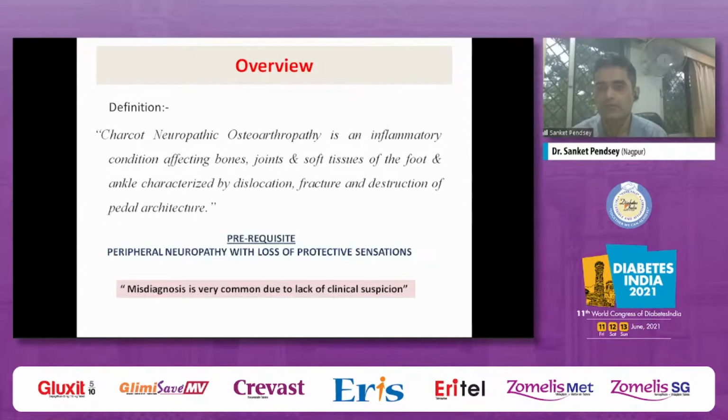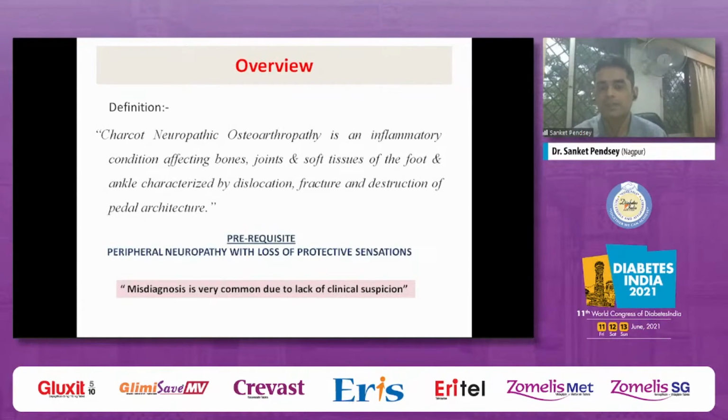The joints become flail. The foot can move by almost 180 degrees, and the foot is highly susceptible to developing chronic non-healing neuropathic ulcers. Patients can develop infections, and it is also a high-risk foot for lower limb amputation.